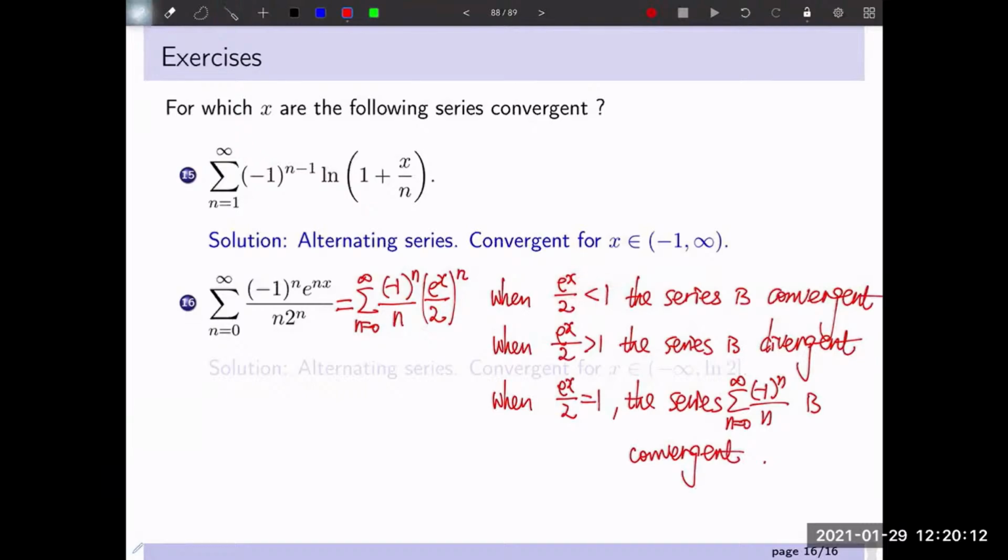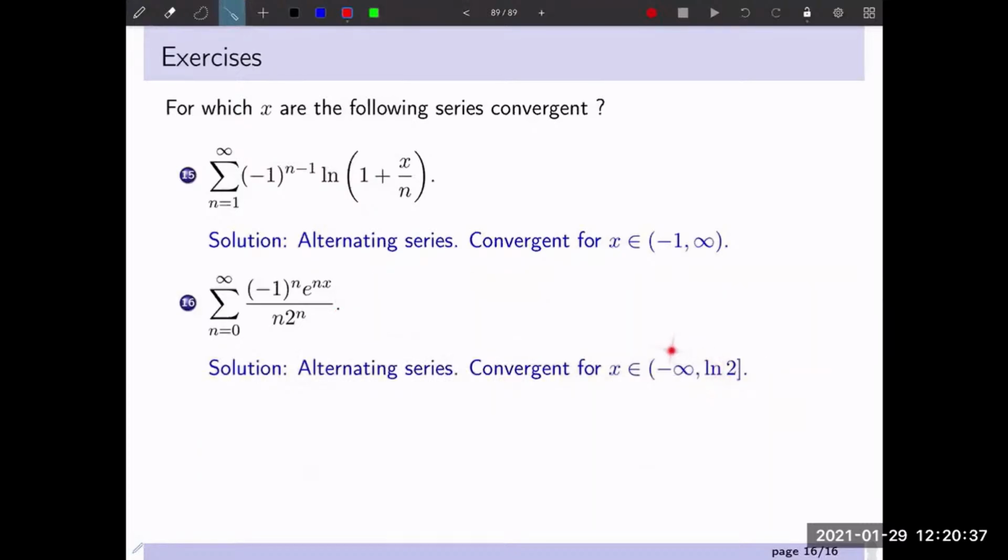In the first case, x should be smaller than log 2, and in the third case, x is equal to log 2. In these cases, the series is convergent. So x should be smaller than or equal to log 2 in the end.